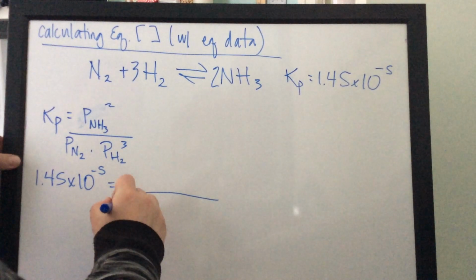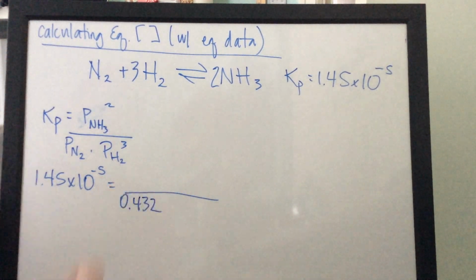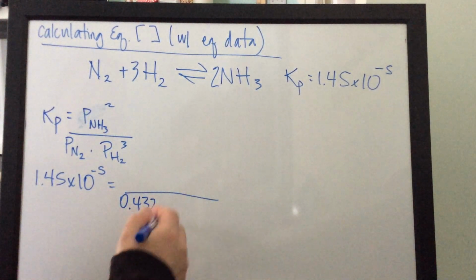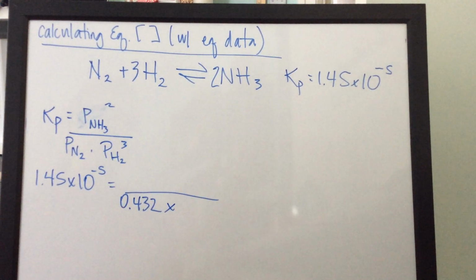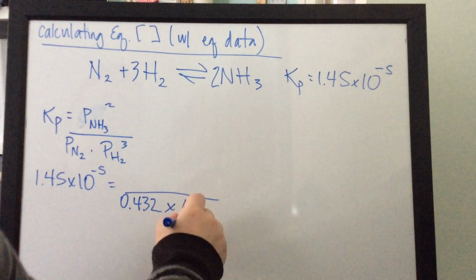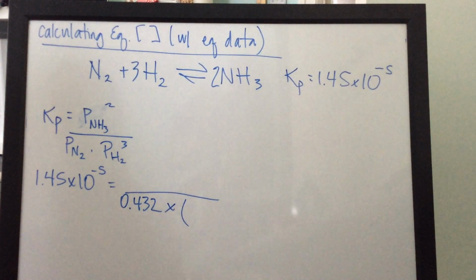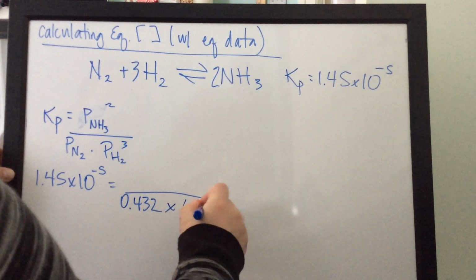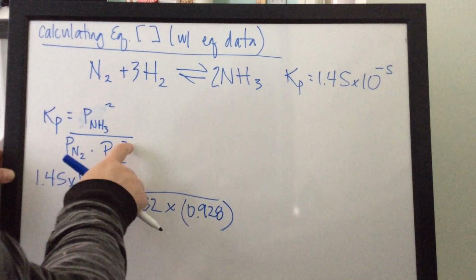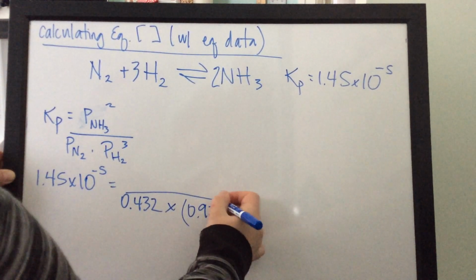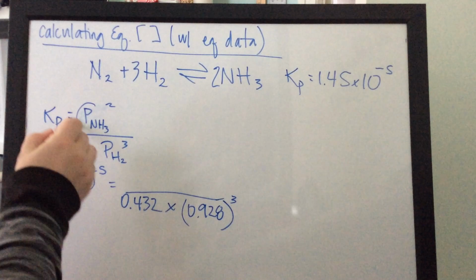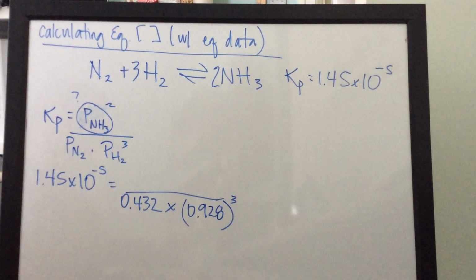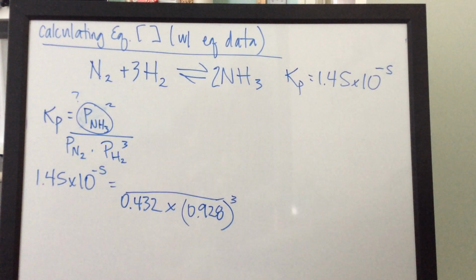It was 0.432 atm. Again, I'm going to leave my unit out because I know it's going to be unitless. Your Kp is unitless. I also know the partial pressure of the H2. It was 0.928, but I need to be careful and cube that value. And it's the partial pressure of ammonia that I am being asked to find, so in that case, this is going to be my x.